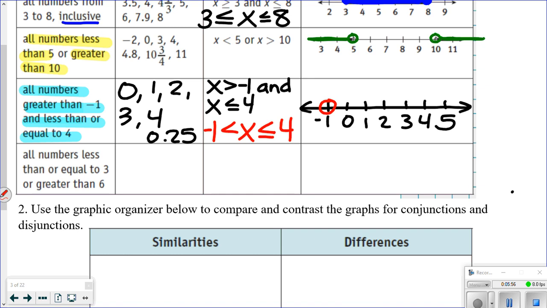And x values are greater than that, so we would be shading to the right for greater than. And I need a circle at 4. And I can be equal to it. I can include it, so fill in your circle or close it. And I need all x values less than that. So I would shade to the left. So really, we're shading in the middle of these 2 points to connect them.